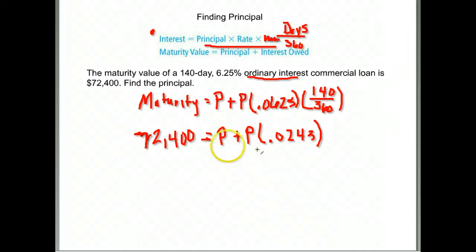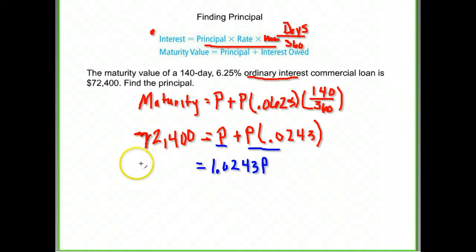All right, our next step in solving the equation, well, we have P and P. We can add these together. This is a 1P plus a 0.0243P, which gives me 1.0243P. And again, that's still equal to our maturity value of $72,400.